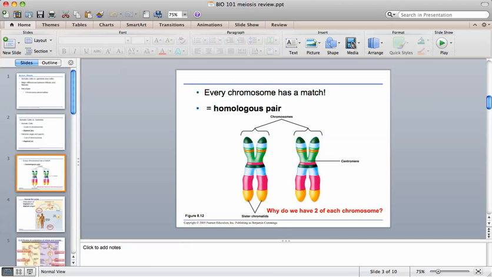They have similar placement of the genes along the chromosome, they are a similar size, and they have a similar placement of the centromere. When we look at these pairs, we call them homologs, the homologous pair. Every chromosome has a match, a homolog. That'll be important when we talk about genetics and looking at genotypes and such.